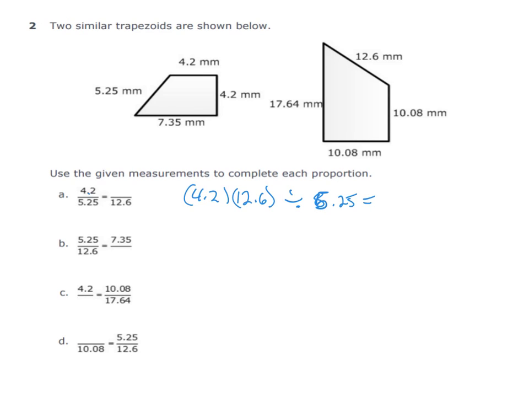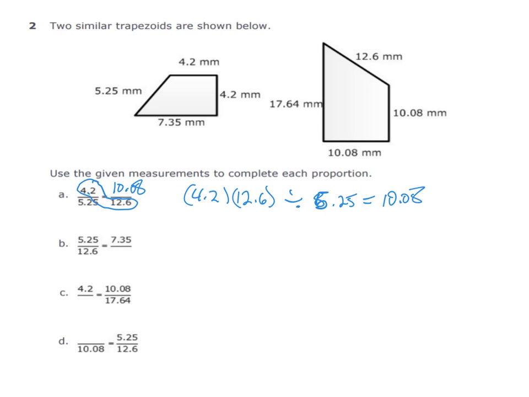All right, let me take my little handy calculator. 4.2 times 12.6, and I'm using these because they are like doing a proportion. That will give me 52.92, and if I divide that by 5.25, I'm going to get 10.08. So that's what goes on top, 10.08.